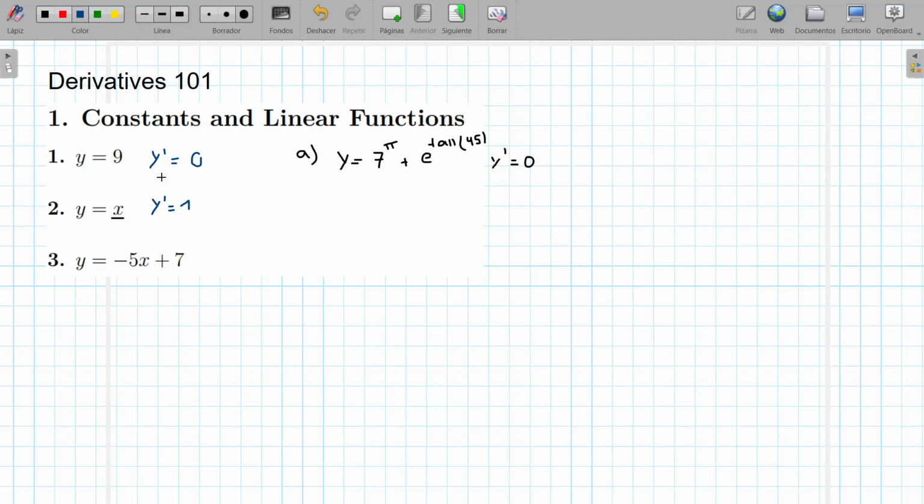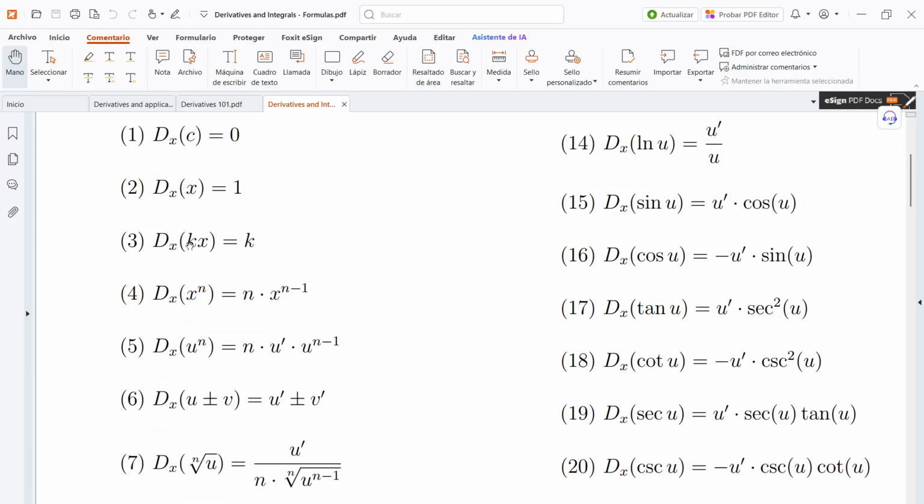With that said, it's important to see that also if we have a number in front of the x, this is not going to change a lot of what we know. Whenever we have a number that is multiplying the x, we just ignore the number and we just do the derivative of x, which is 1.